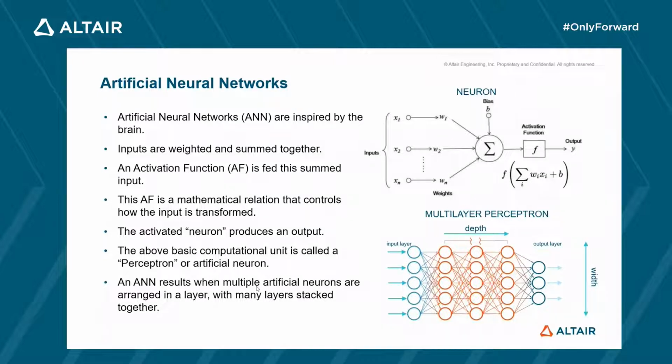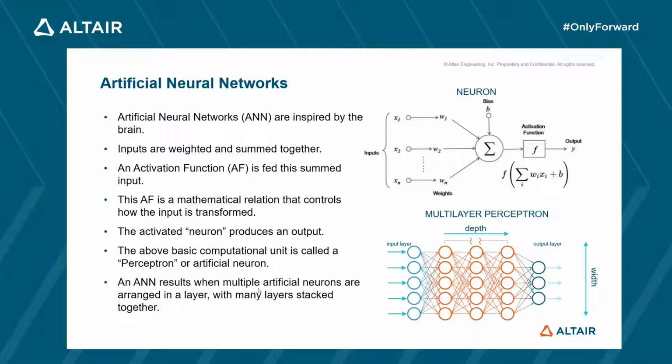And when we link multiples of these together in a network, in multiple layers, then we begin to be able to mimic certain decision-making abilities of the brain. So what we can see here, the multi-layer perceptron, is essentially what we consider a neural network. And the functioning is quite the same. We have inputs. The inputs trigger the activation of some neurons and possibly not the others. And this propagates forward, resulting in an output.